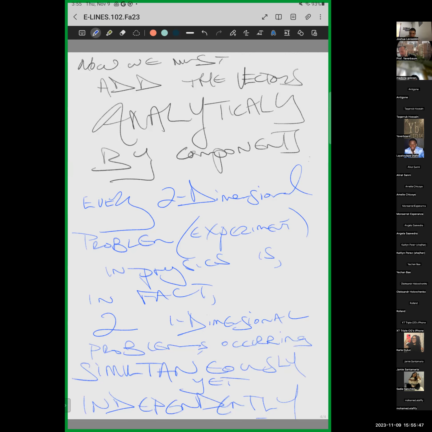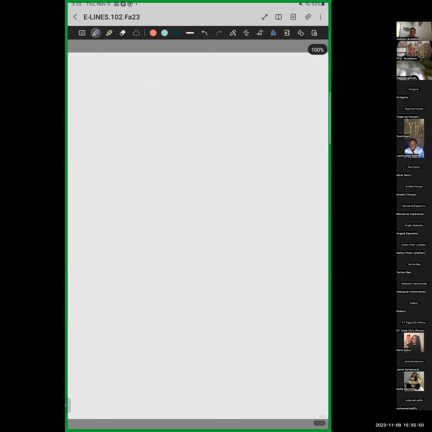What does all that mean computationally? It means I'm going to zoom in on each of the vectors and divide them up, resolve them into their individual perpendicular components. I'm going to first zoom in on the E1 vector contribution.